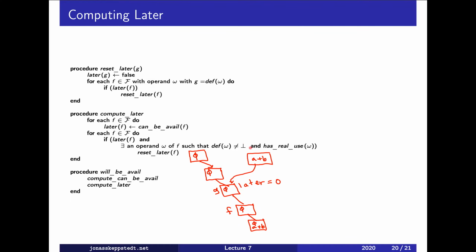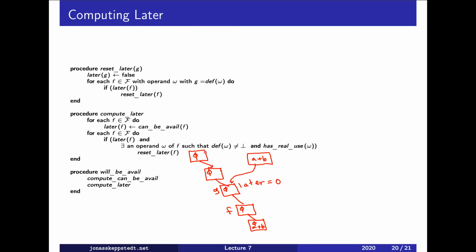So what we need to do is to check if the expression can be available, and then if there is an operand which has a real use, because then we have to insert it.